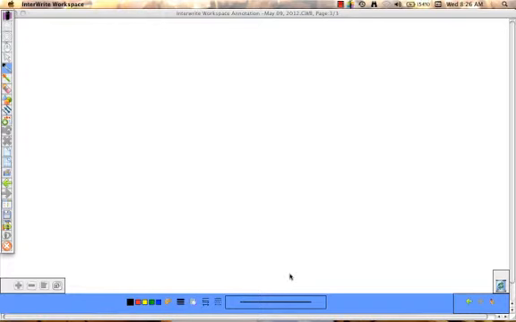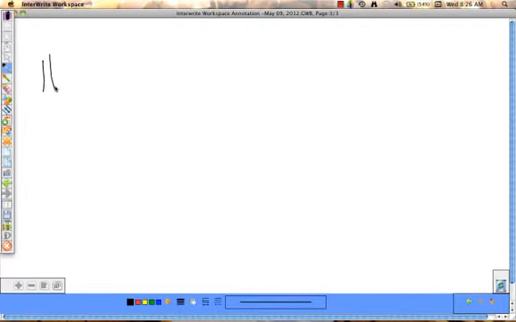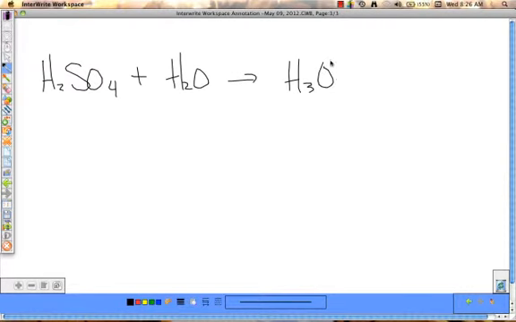Let's say we have, so we have that equation, that reaction. Which reactant acts as an acid?